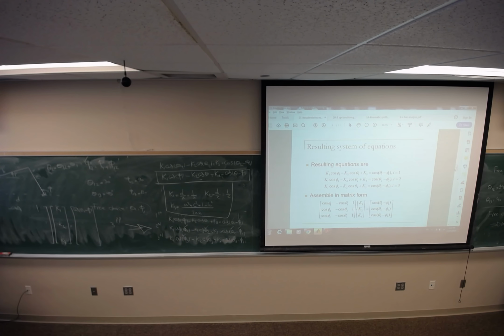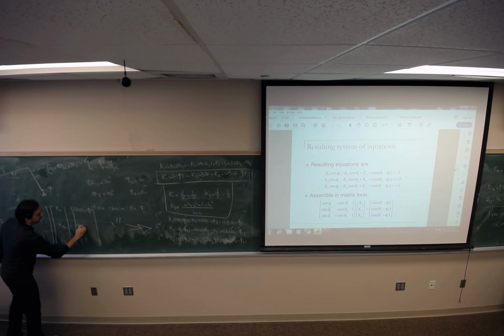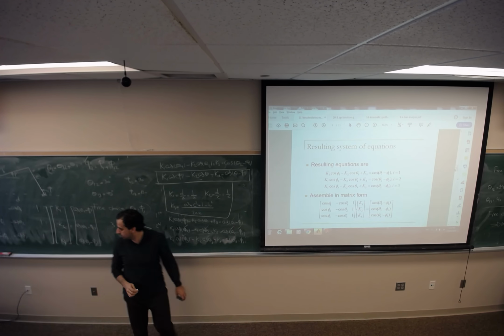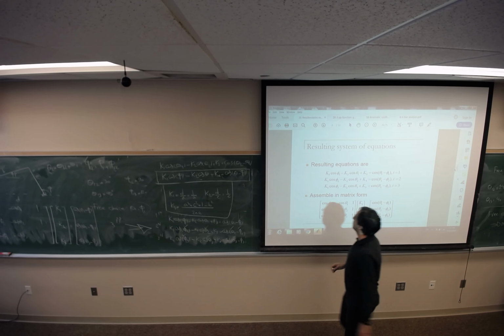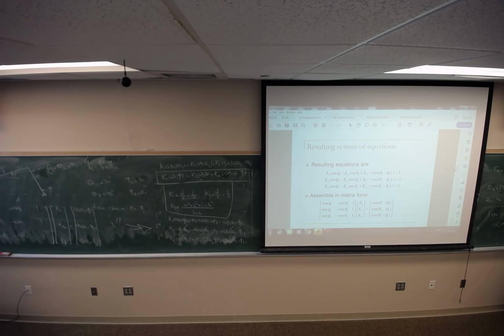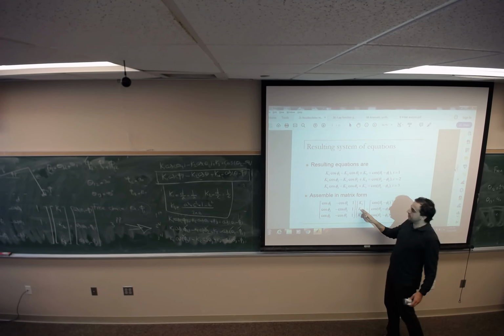Second row: cosine of phi2, negative cosine of theta 2, 1, and the right hand side cosine of theta 2 minus phi2. Third row: cosine of phi3, negative cosine of theta 3, 1, and cosine of theta 3 minus phi3. Solve this 3 by 3 system of equations and get values for K1, K2, K3.